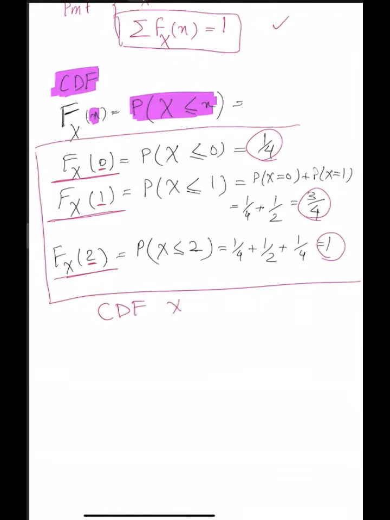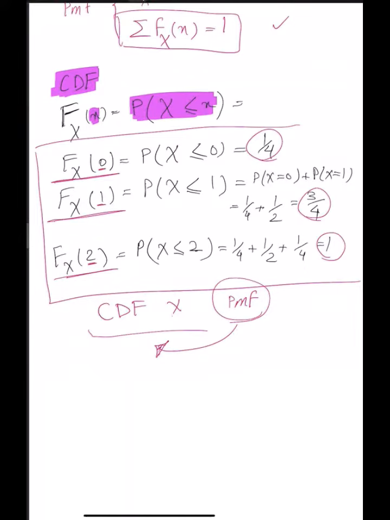Usually if you have the CDF, you can extract the probability mass function, PMF. And if you have the probability mass function, you can also construct the cumulative distribution function.